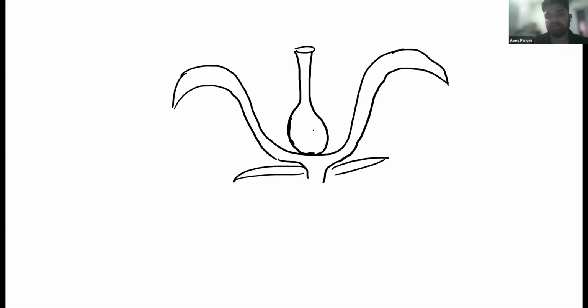When the pollen grain, the male reproductive cell, reaches this portion, it starts germinating over here. This is the pollen grain. When it germinates, it grows a tube-like structure that reaches the ovary.